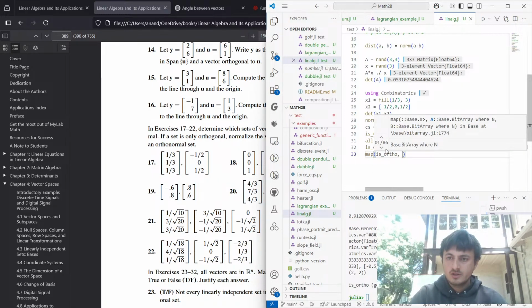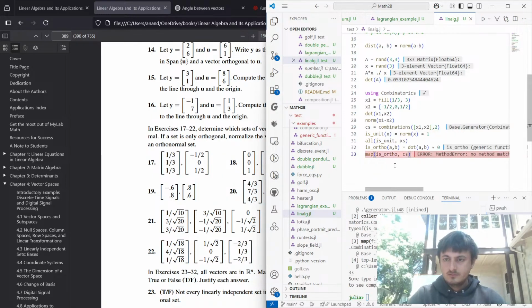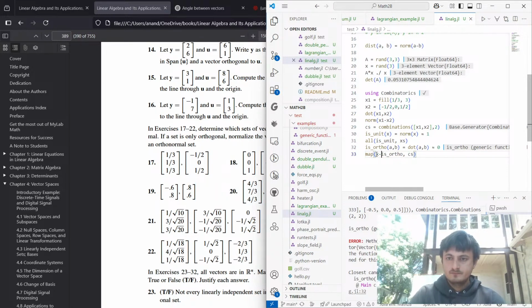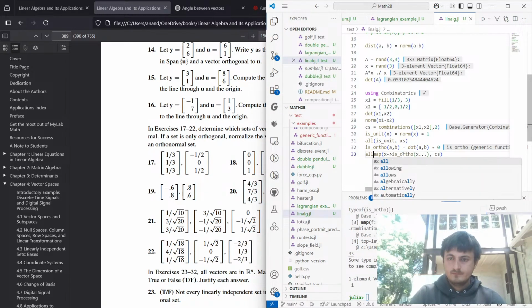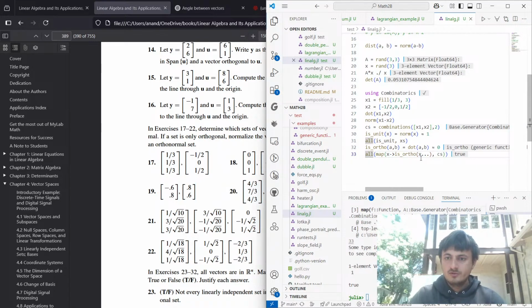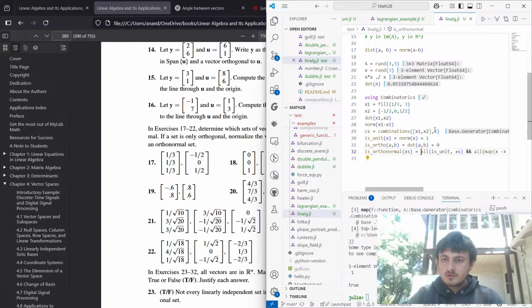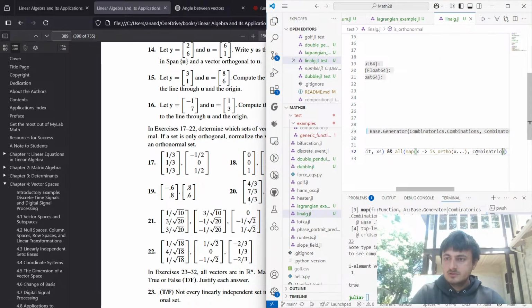I don't know if this is going to work. Right, so what you want to do is, so this is orthonormal of x's is equal to combinations of x's 2.